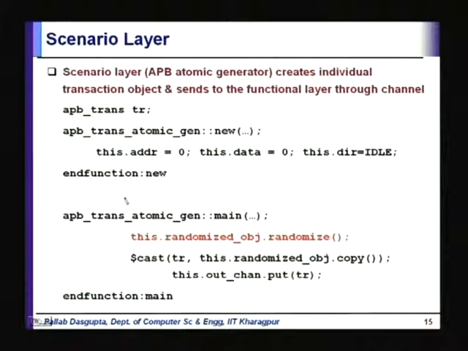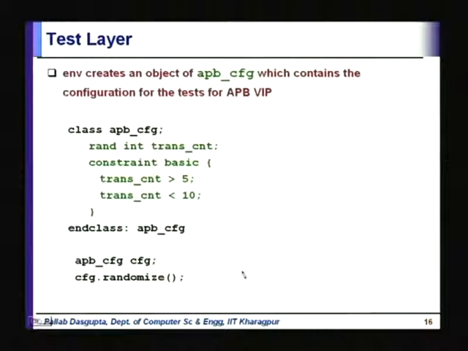And what is the top layer going to do? The top layer is going to randomly decide how many tests I want and then call this that many number of times. Okay. So here we have the test layer. Let us see what happens here. We skip the definition of the config, right. What we have in the config is an integer called trans count.